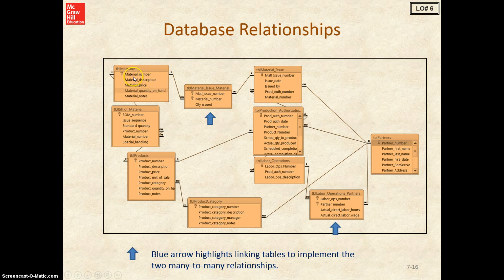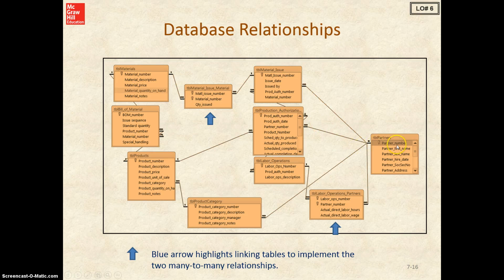So we see where our material issue becomes a combined primary key in our material issue material table. So we have 2 primary keys, the other one is the material number.